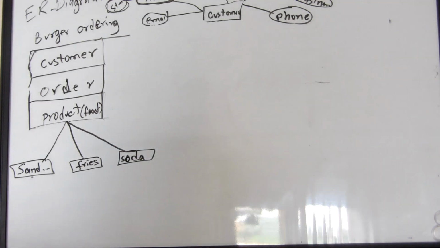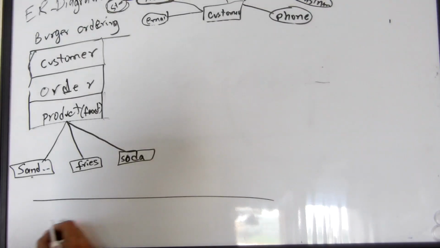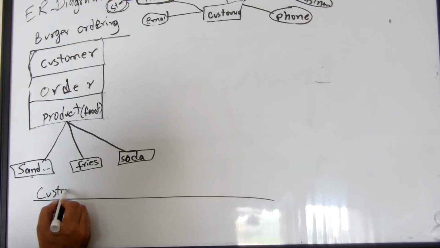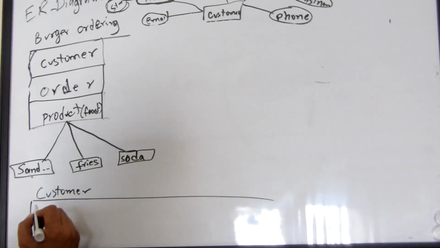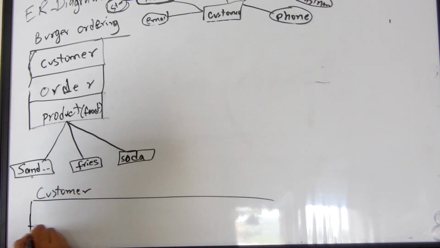So right here it's the customer. You write the attributes.